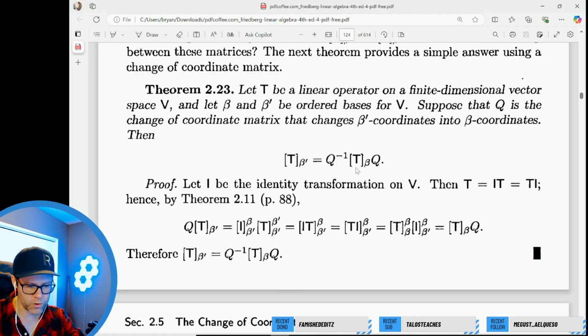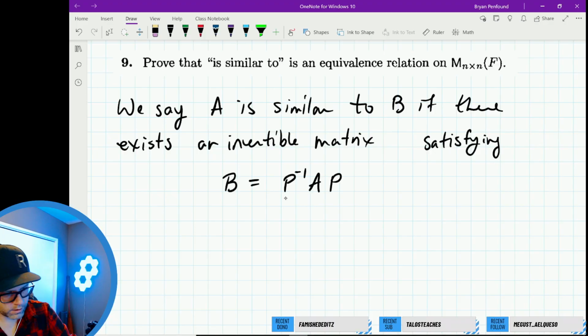If I have two matrix representations for my linear operator in a finite dimensional space, then the change of basis matrix Q from basis beta to basis beta prime has this similarity relationship with the two matrix representations. It's a really interesting theorem, a really cool finding with regards to working with linear operators. So let's call it Q, since that's what they're using in the textbook.